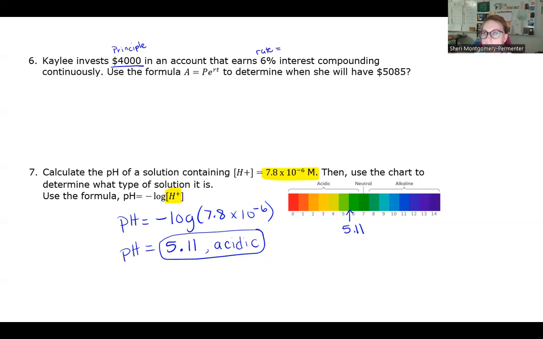So we have to move the decimal place how many times? 2, so 0.06. It compounds continuously, and when it compounds continuously, we will use the formula. We want to know when T equals, when she will have $5,085. So that is your ending amount.